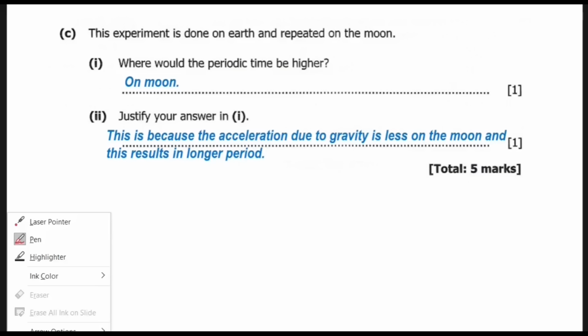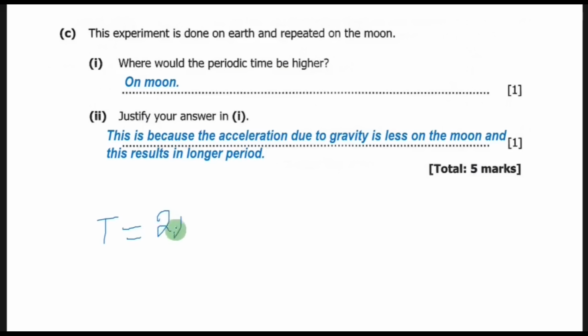Maybe to make you understand what is at stake here, what you should understand is that periodic time, T, is equal to 2 pi square root of length over acceleration due to gravity. When doing an experiment, we just measure the length.